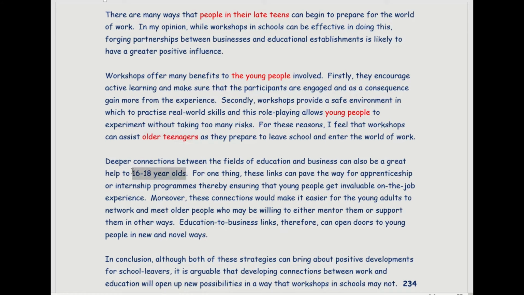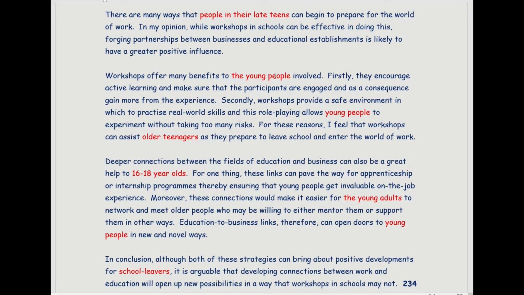Down here, 16 to 18-year-olds. So I'm assuming that if we're talking about leaving school, we're really looking at that age bracket. Down here, young adults. And again, down here, young people. And the last one I've got is school leavers.